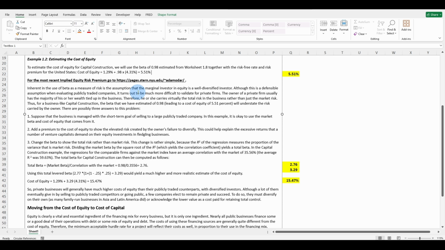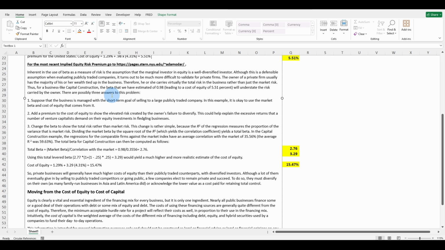The owner of a private firm usually has the majority of his or her wealth tied up in the business. Therefore, he or she carries virtually the total risk in the business rather than just the marginal risk. Thus, for a business like capital construction, the beta that we have estimated at 0.98, leading to a cost of equity of 5.51%, will understate the risk carried by the owner.